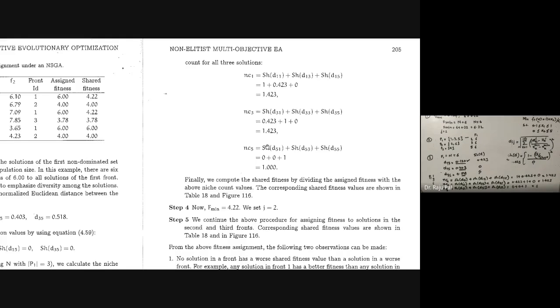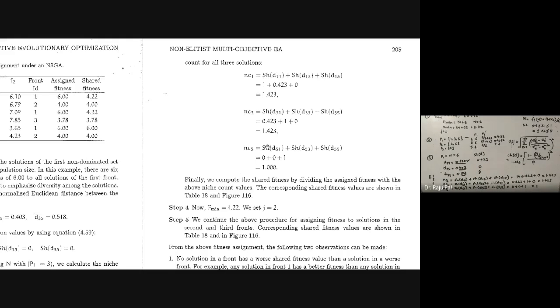Now after calculating the niche count, the assigned shared fitness value would be 6 divided by the niche count: for solution 1, 6 by 1.423; for solution 3, 6 by 1.423; and for solution 5, 6 by 1. So 6 by 1.423 is 4.22. We have assigned 4.22 to solution 1, similarly 4.22 to solution number 3, and the value 6 to solution number 5.